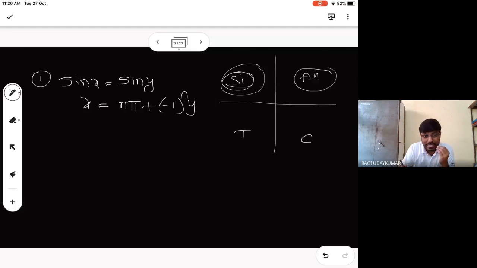So why is it taken into consideration, n pi plus minus 1 to the power of n? Minus 1 to the power of n, why is it taken into consideration? Suppose you take sin x equal to sin y. Instead of explaining the proof to you, more than the proof, how do we remember this sum, that is very important.